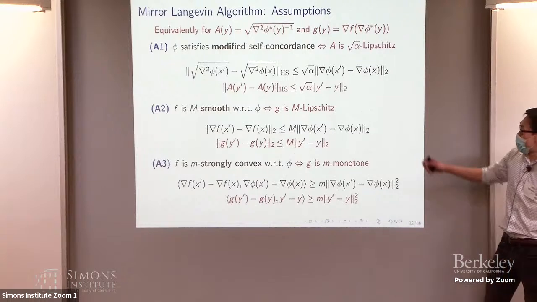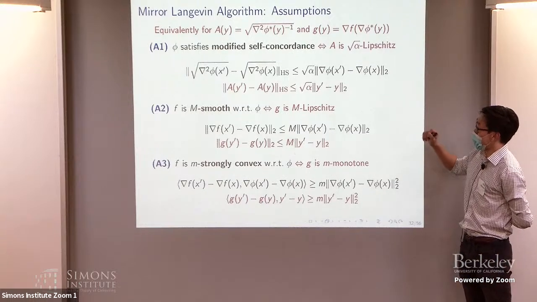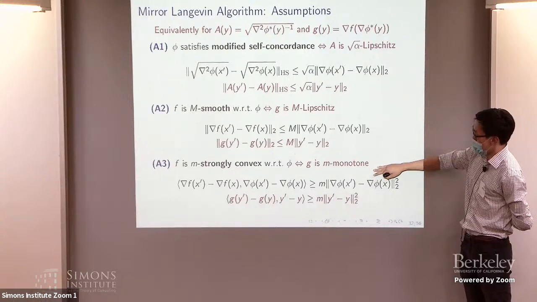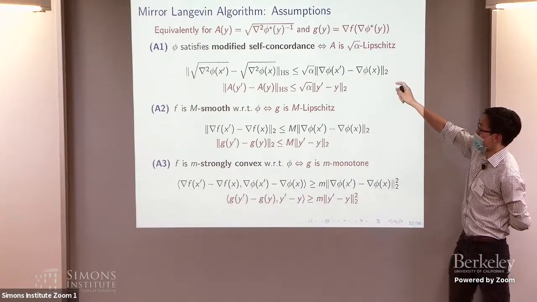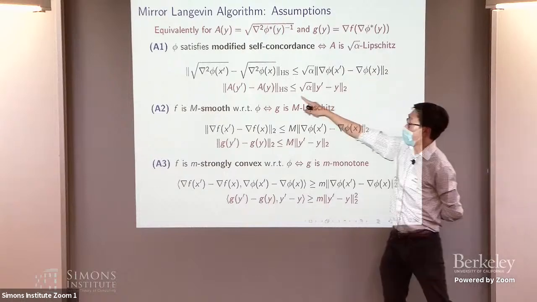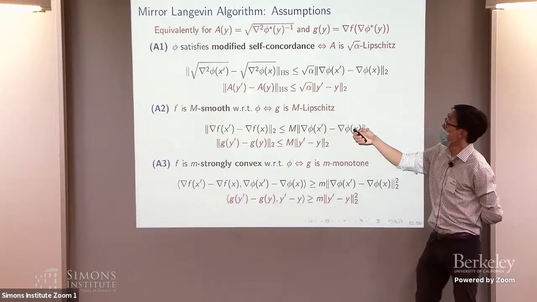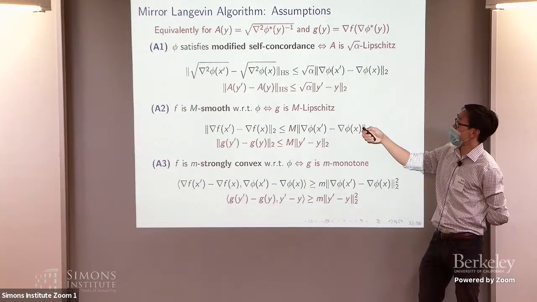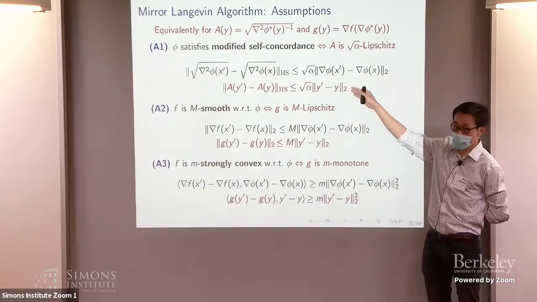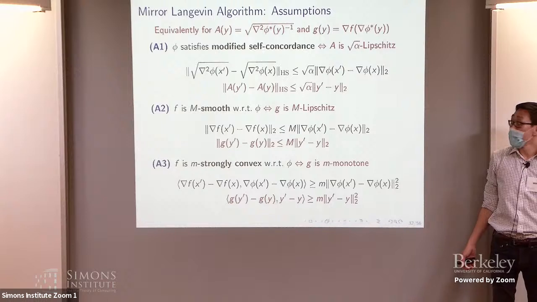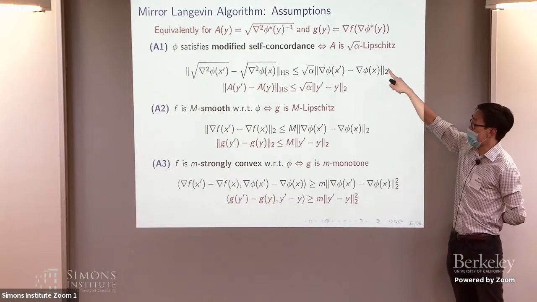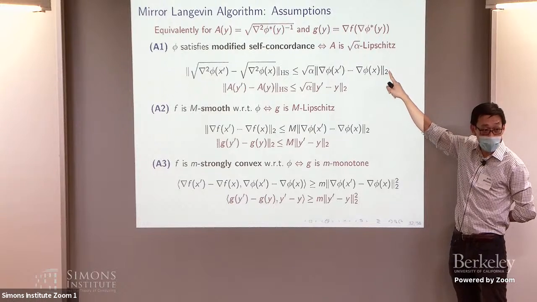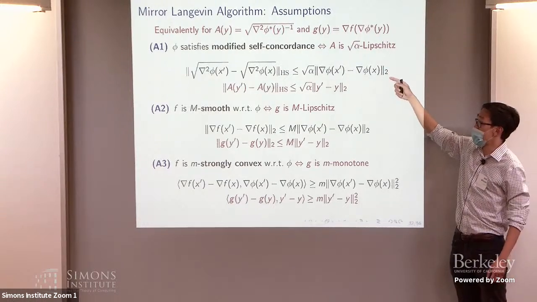Yeah, very good question. So the question is, what happens when phi is equal to f, in the Newton case? A2 and A3 are always true with m equal to 1. Here, A1 just says that your f satisfies the condition that the square root of the inverse Hessian of the dual function is Lipschitz. I'll have an example later. In one dimension, this is equivalent to saying that phi is self-concordant in the classical sense, but in higher dimension, this is not the same.